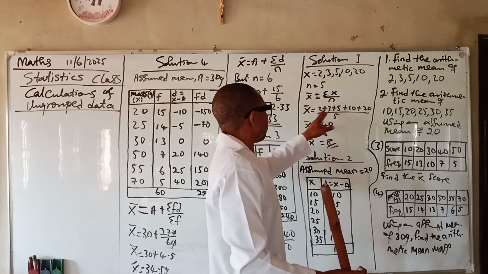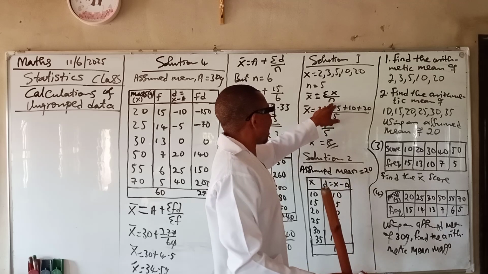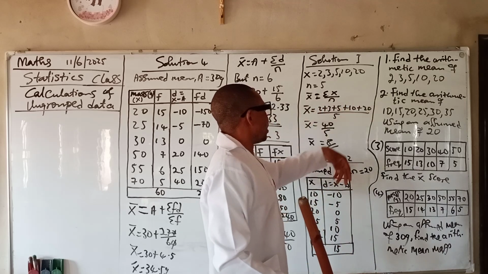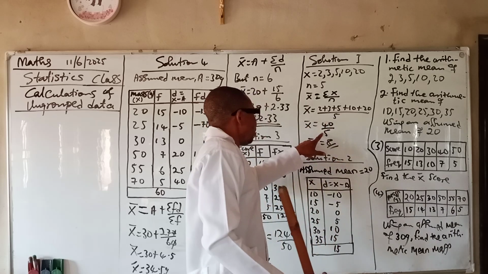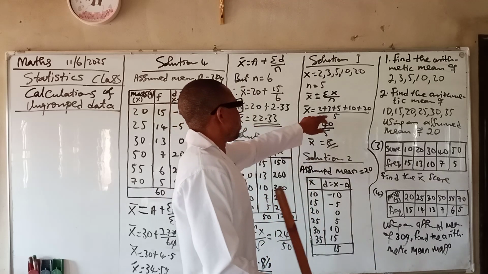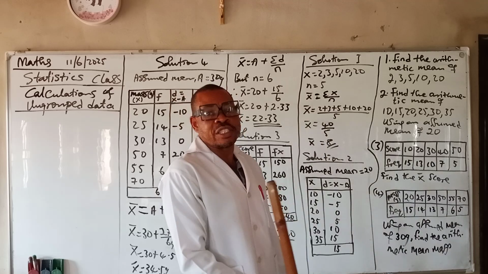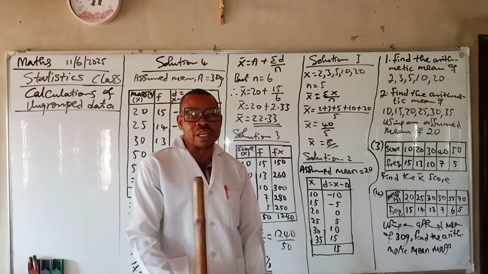We now have 2 plus 3 plus 5 plus 10 plus 20 all over the number of data displayed, which is 5. The total of data displayed after adding is 40. Then we use the number of data displayed, 5, to divide the 40.